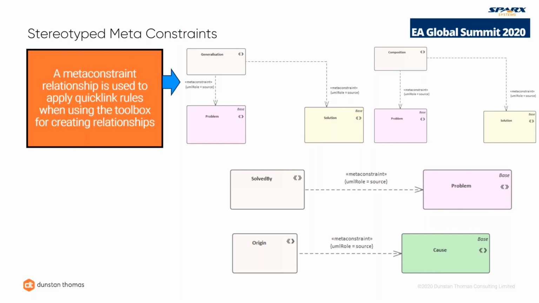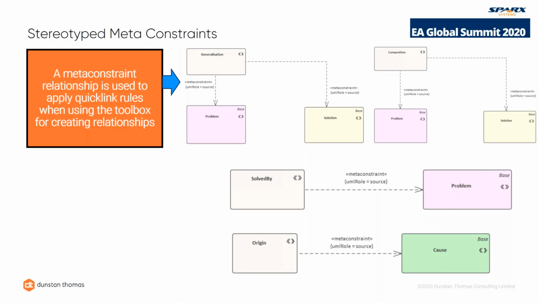So you may be tempted to say, oh, generalization, this is a valid source and a valid target because a problem could generalize itself. Generalization, source is also, solution is also a valid source and a valid target. Won't work. Because if you draw a generalization between problem and solution, problem is a valid source, solution is a valid target, you break your meta model.